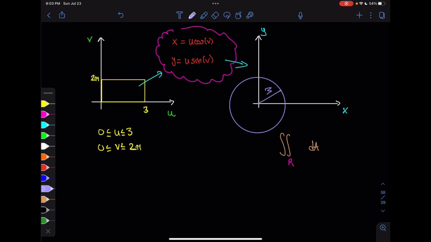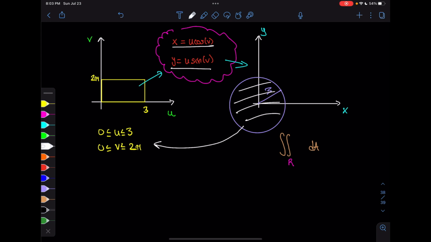Boom, that's what it did. And you're like, okay, cool, but what? Well, what do you mean, but what? This allowed us to use this transformation to help us solve double integrals for circular regions.